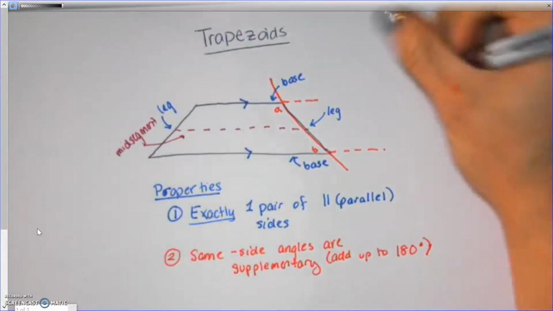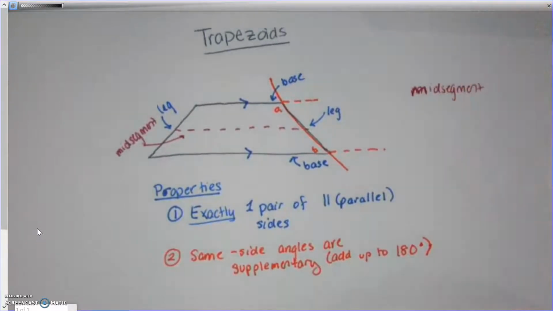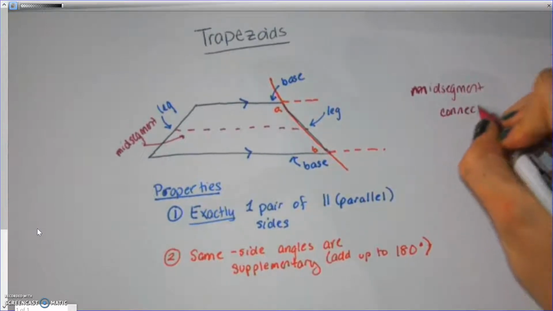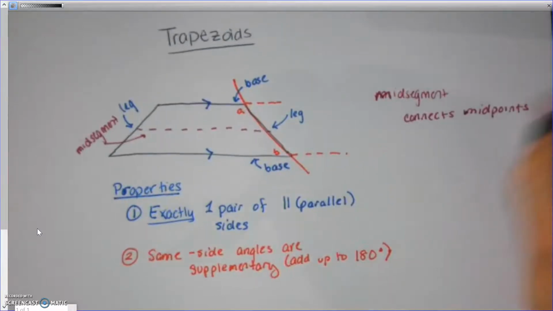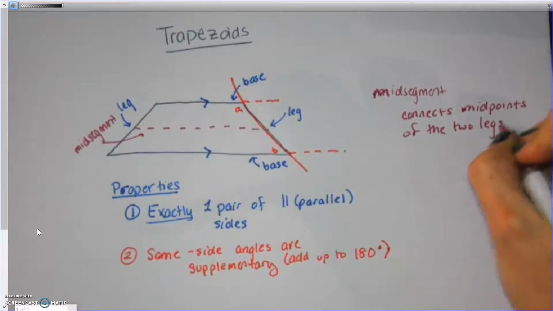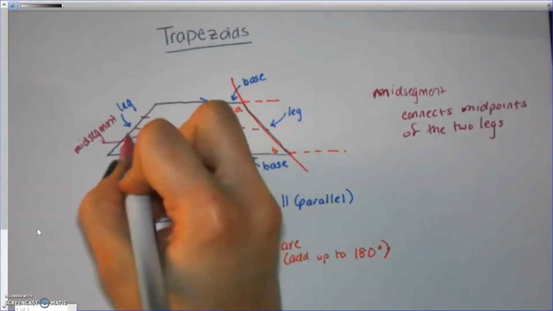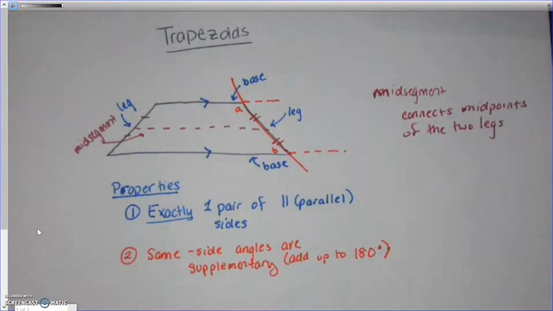The midsegment, and we can make a note over here of what a midsegment is. It connects the midpoints of the two legs. So this is congruent to this is congruent to this. And you notice that I did not show that those two legs were congruent to each other. In a trapezoid, they do not have to be congruent to each other.